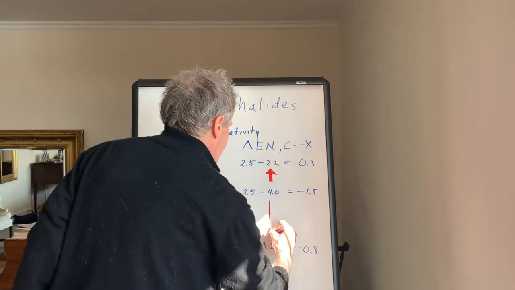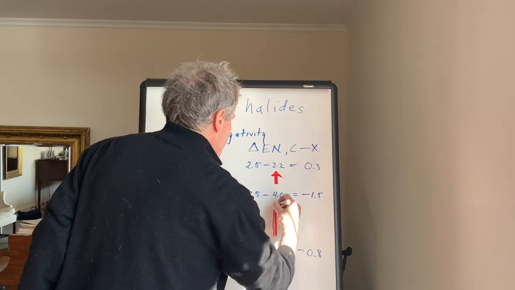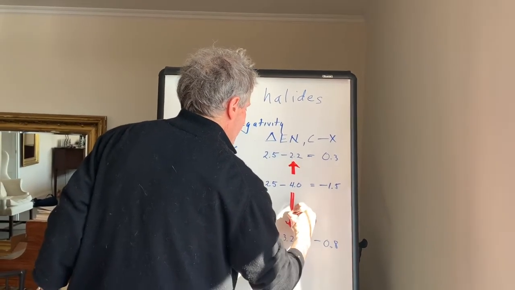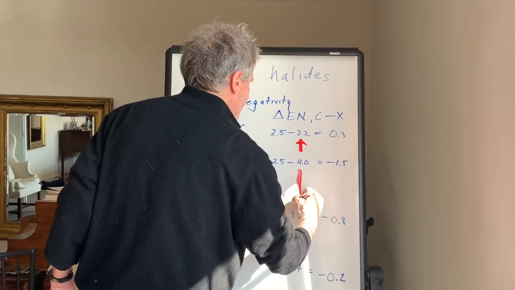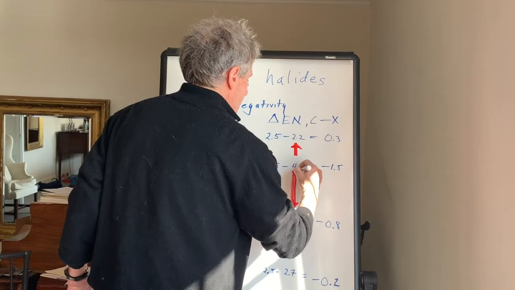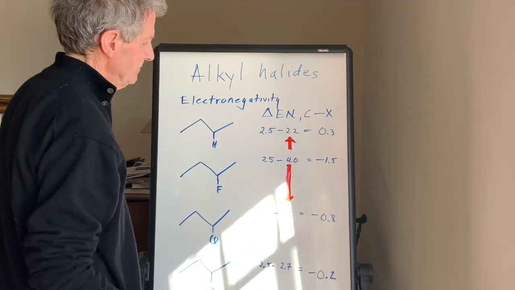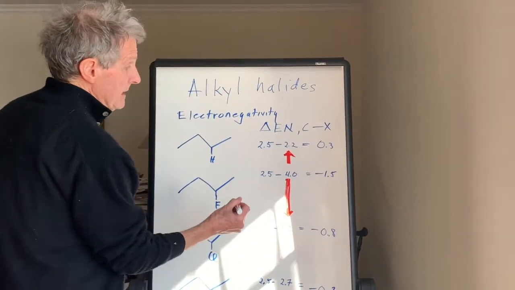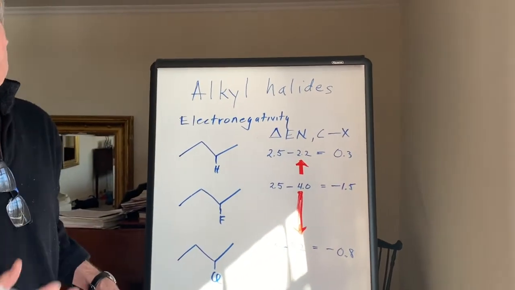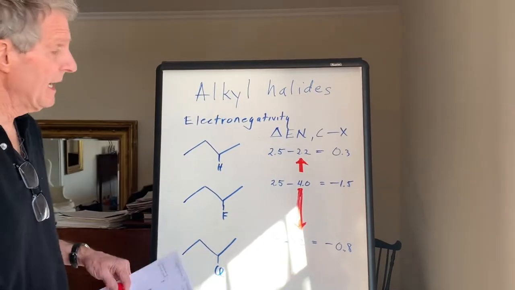So I want to make an arrow that's about 5 times as big, and in the opposite direction to that of a CH bond. And that's a huge difference. The electronegativity difference is large and it's directed towards the halogen.